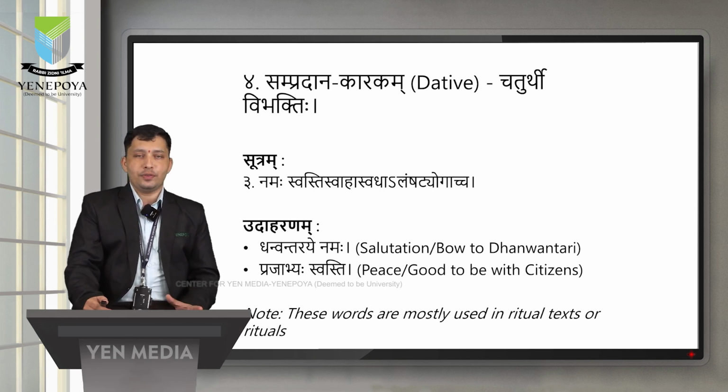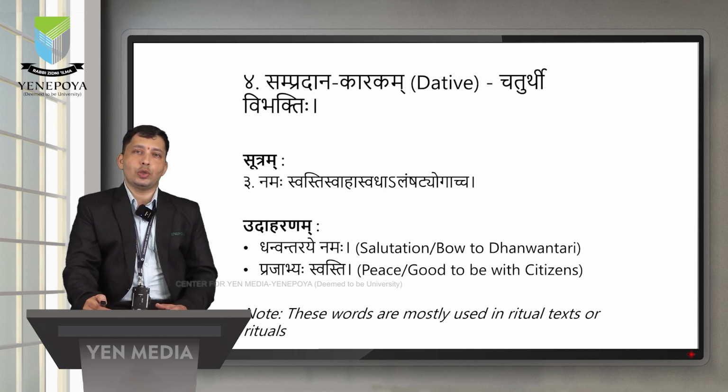So the word before them should be Sampradana Karaka, that's why it should be in Chaturthi Vibhakti. That's why this third sutra says that in any sentence where Namaha, Swasti, Swaha, Swadha, Alam, Vashat are used, the word before them should get Sampradana Karaka and be in Chaturthi Vibhakti.